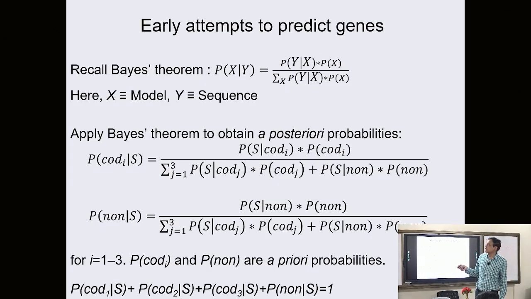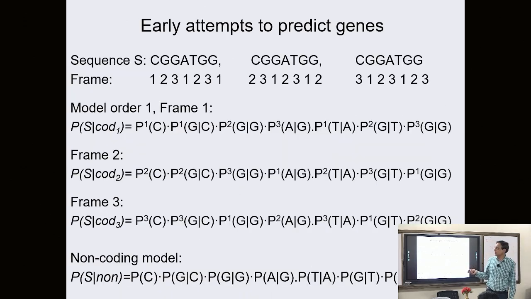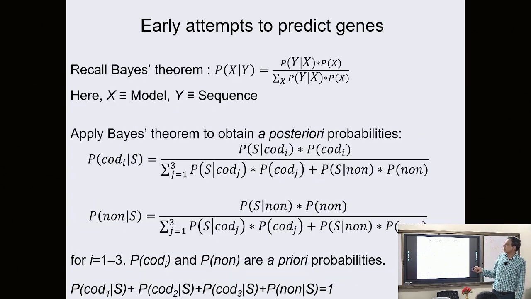Importantly, if you see the denominator, X is the model. So all models can get integrated through Bayes' theorem. In the denominator, it is a summation over X, where X is the model. How many models are there in total? 1, 2, 3, 4. All of these can be integrated within the Bayesian formalism.